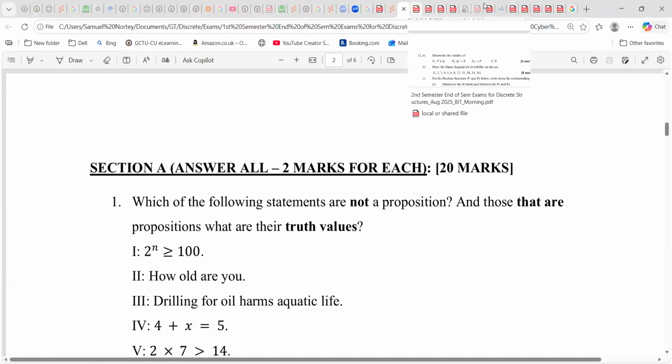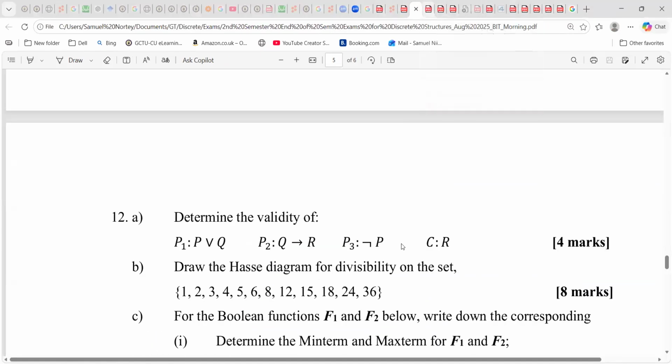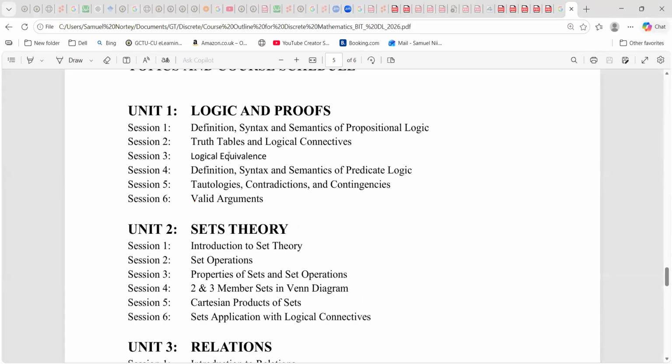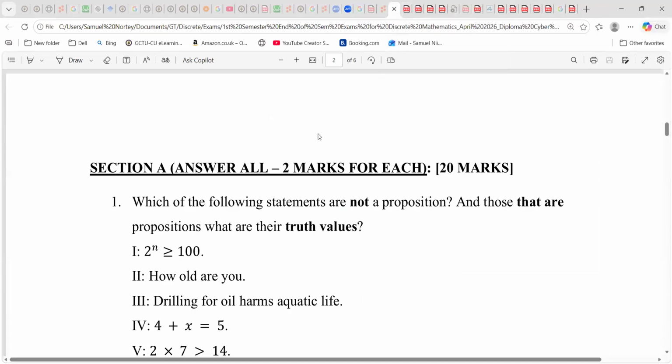I'm trying to pick your course outline so that I will tell you what we should expect hopefully next week. Where is it? So 2026 distance learning. Based on what, sir, is the 12B? Draw something. 12B. Was it a past question or assuming?